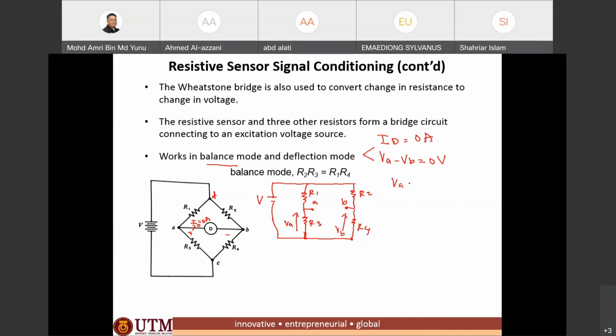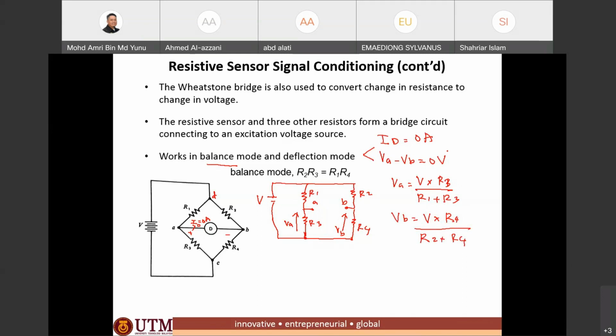VA will be V multiplied with R3 over R1 plus R3, and VB will be V multiplied with, oh sorry, not R1, R3 here. VB will be with R4, V multiplied with R4 divided by R2 plus R4.